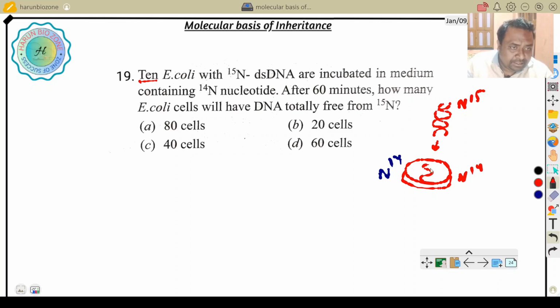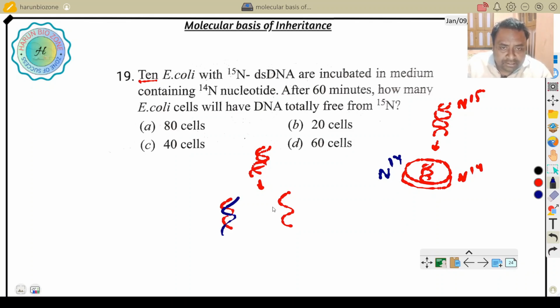Here the DNA strand is separated and a new strand is synthesized from this medium, so one strand is synthesized.